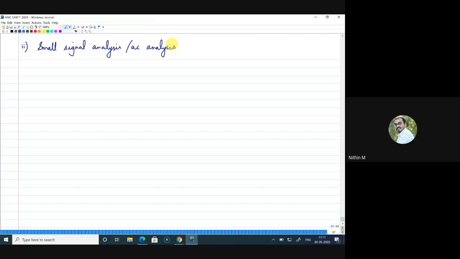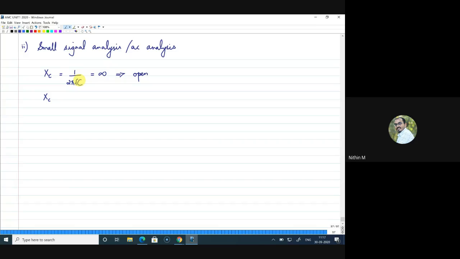One thing to remember here is, previously I have taken the capacitive reactance XC as 1 by 2 pi FC, and for DC the capacitance seems to be very large, and it acts as open circuit, so it is infinity. Now for AC analysis, we are considering some frequency, and we call that mid frequency.